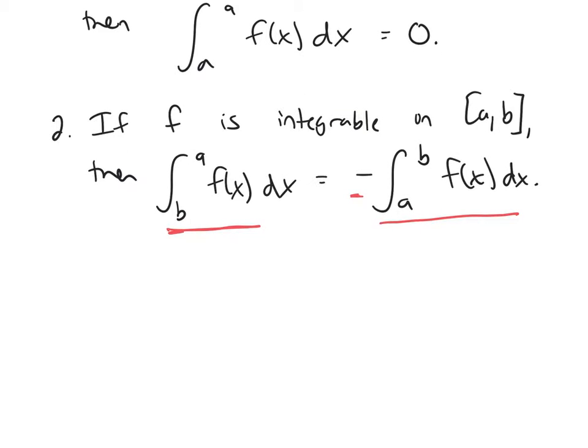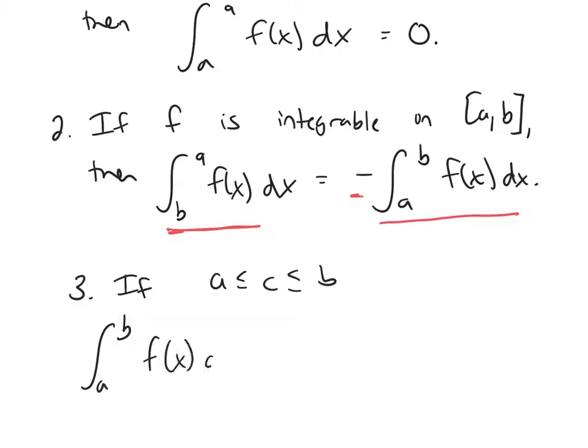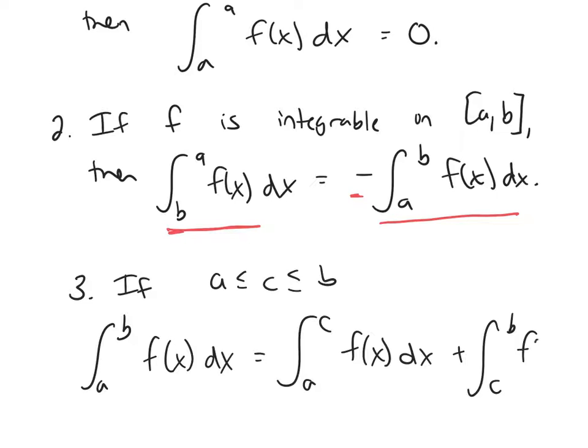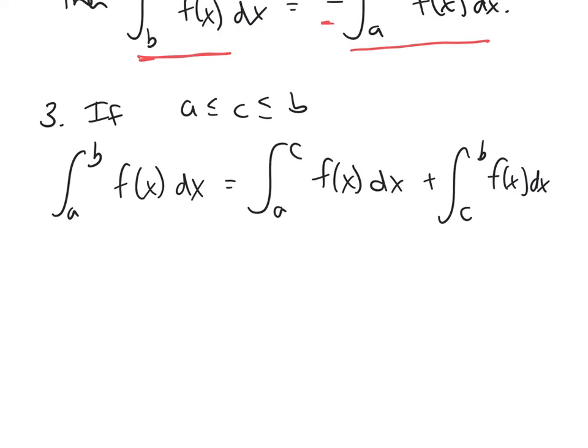And then the third property, if c is between a and b, then the integral from a to b is the same thing as the integral from a to c plus the integral from c to b. So it's easiest to see this if you think in terms of area, right?